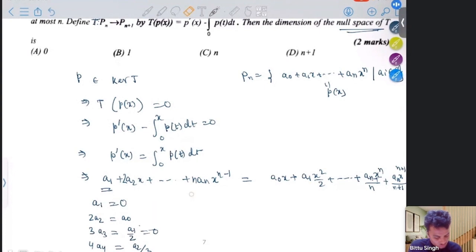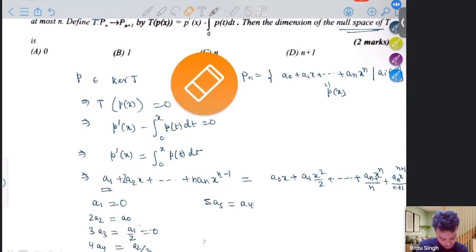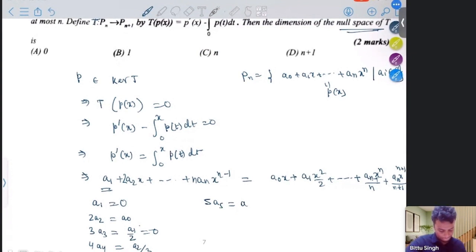And again you can see that 5a5 is the same as a4 by 5, what is the sequence, a1, a2, then a3 by 4, right?